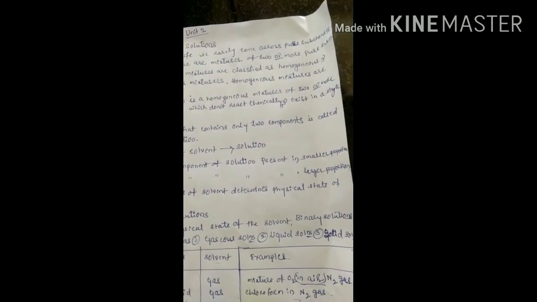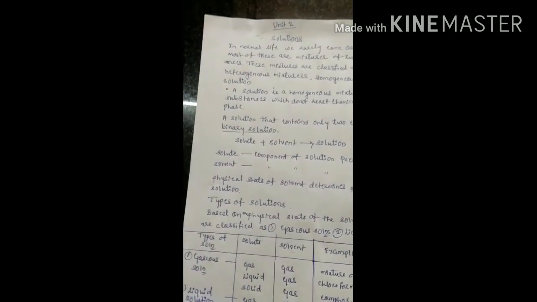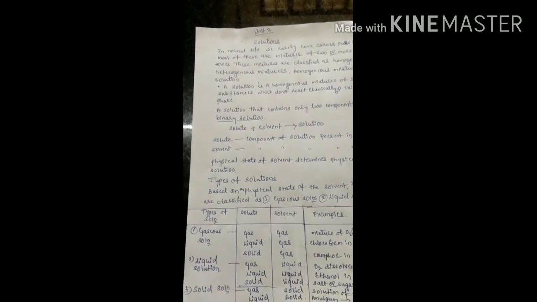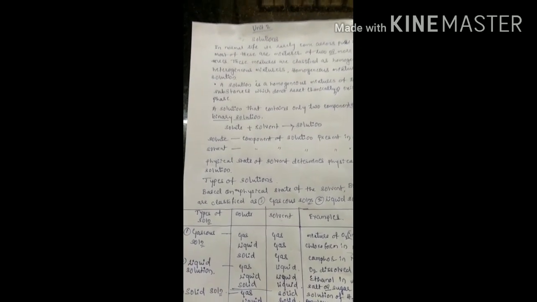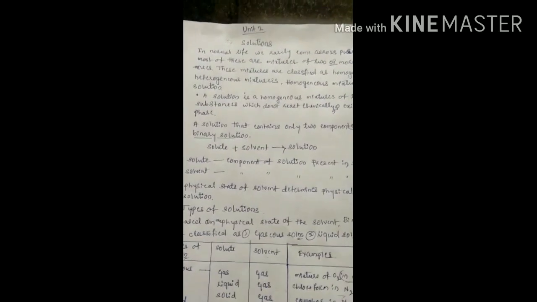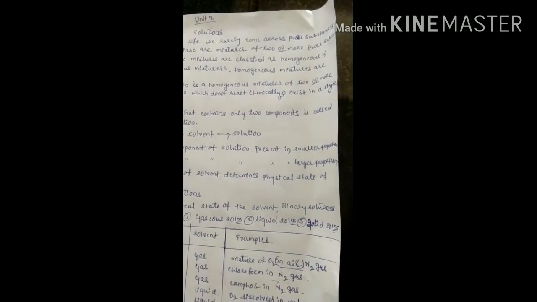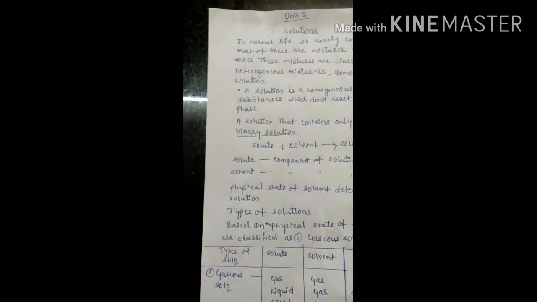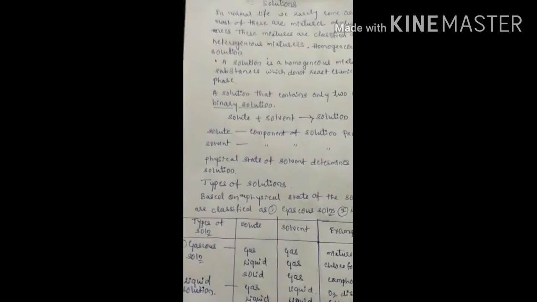Solvent is the component of the solution present in larger proportion. Then we say liquid solution, gaseous solution and solid solution. That means the physical state of the solvent determines the physical state of the solution.